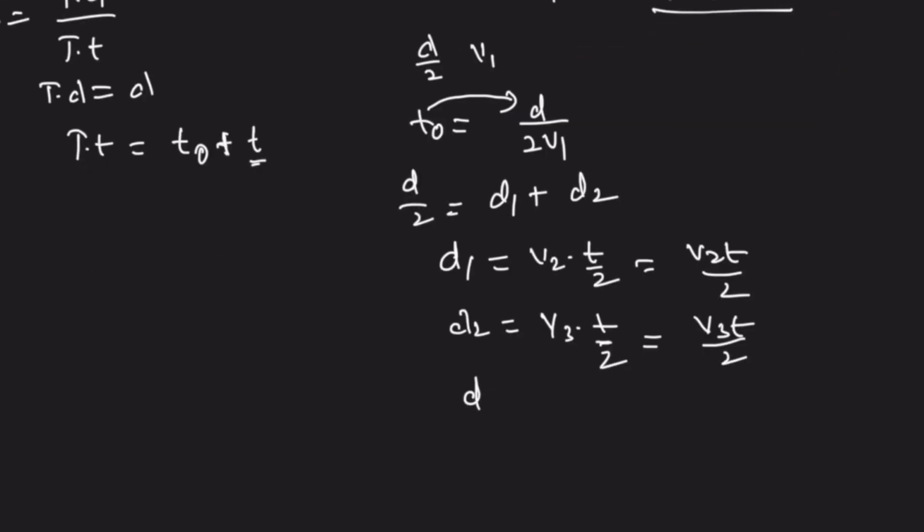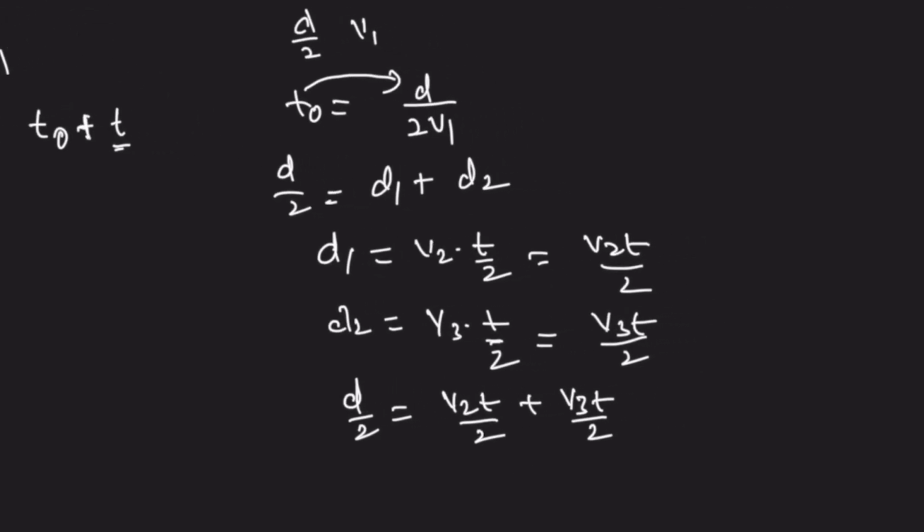What is d1 plus d2? That is d by 2. So d by 2 is equal to d1 plus d2. d1 is v2 into t by 2. d2 is v3 t by 2. In both terms t by 2 is common.